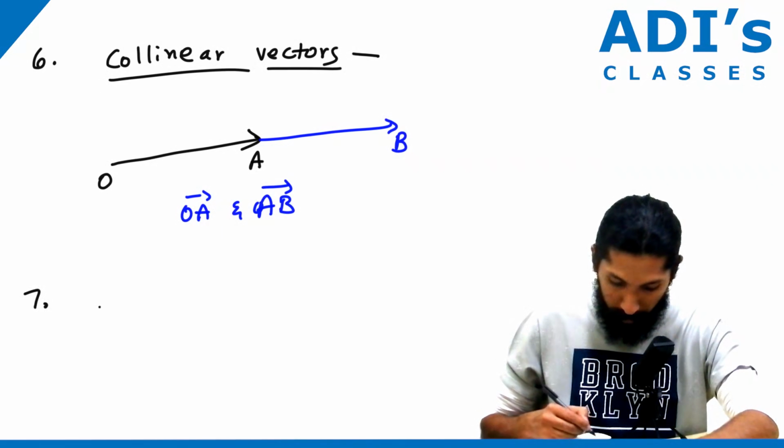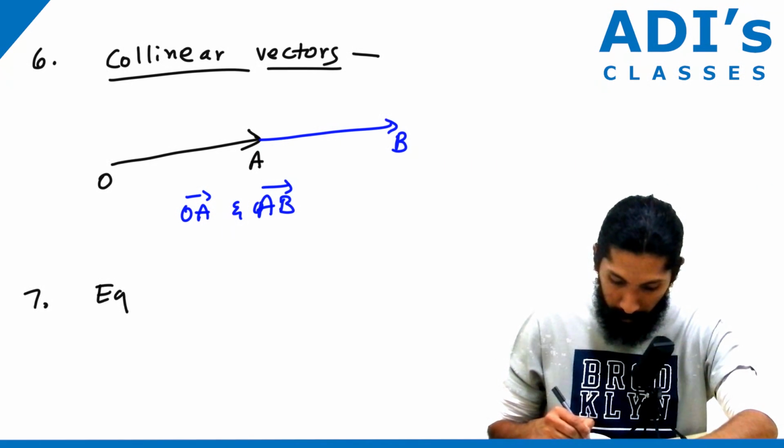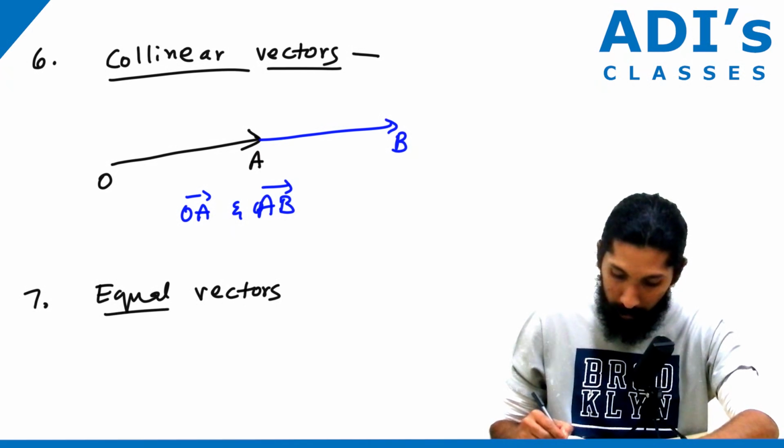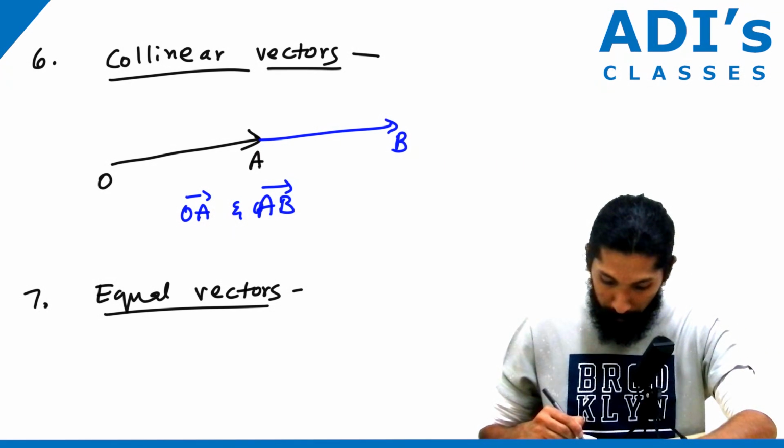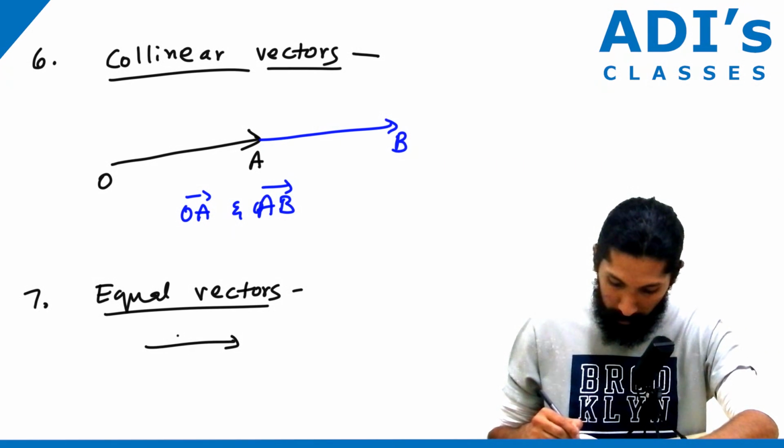Now, equal vectors are quite important because we use these equal vectors in a lot of derivations, especially in addition and subtraction. Suppose you have vector A. Let's assume this is OA. And some other is here.